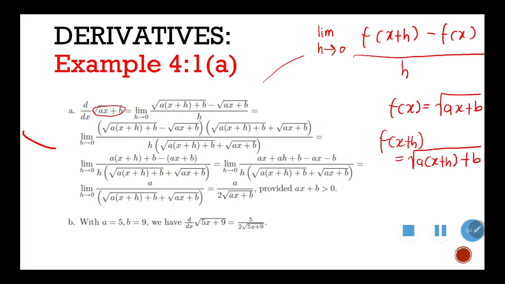So here it is f(x plus h) minus f(x) over h.